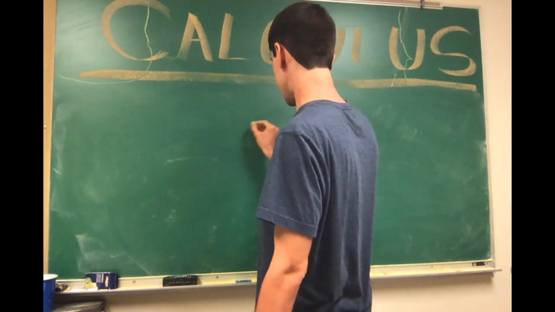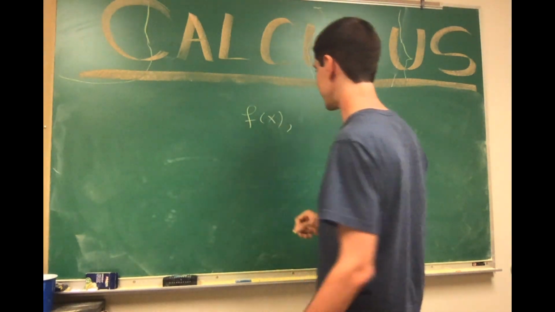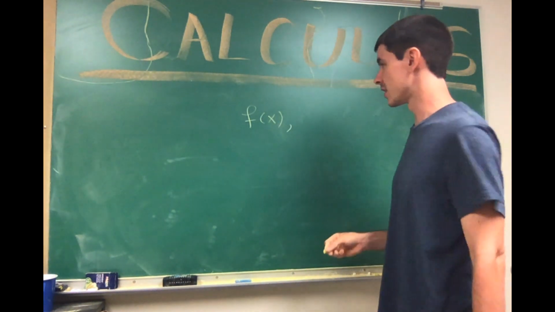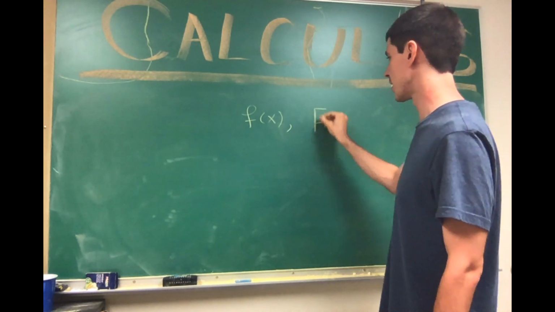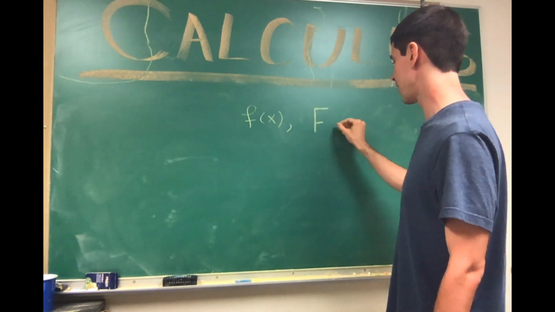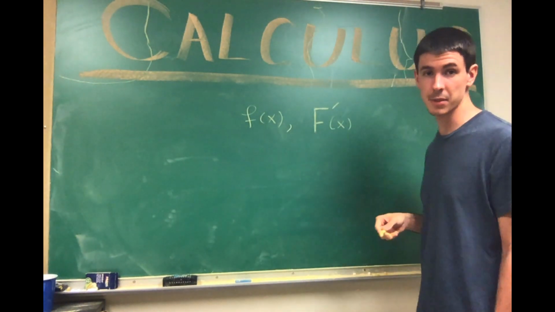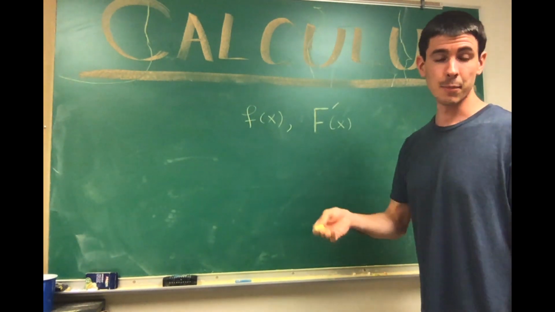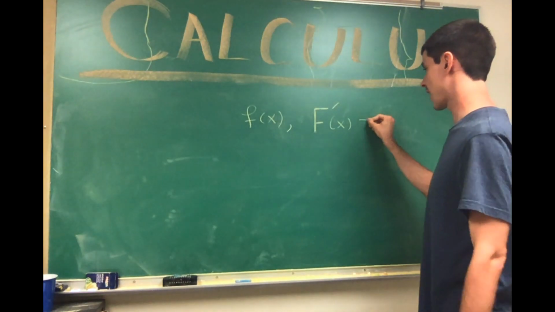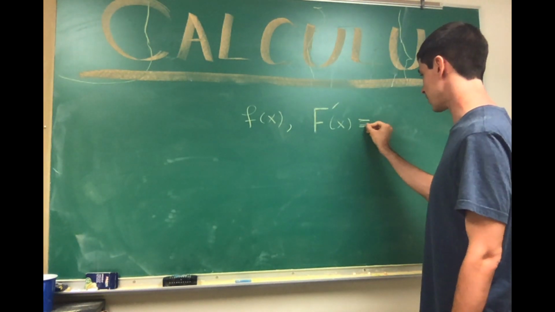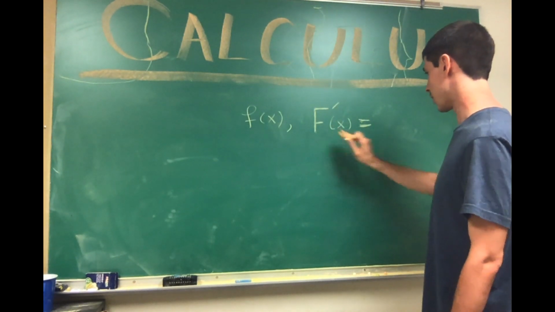Let's say we have f of x, and it's somewhat customary, but doesn't count as full-fledged notation, to use capital F to denote a function, as I mentioned with the constants. There could be multiple functions with this property. So capital F of x is going to be some function so that capital F prime, the derivative of capital F, is little f.